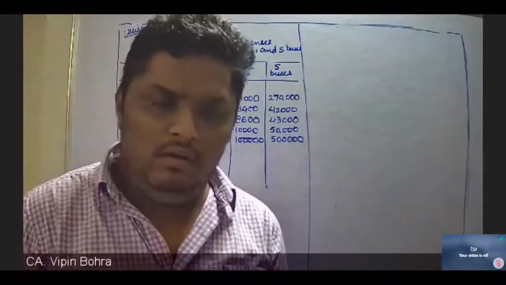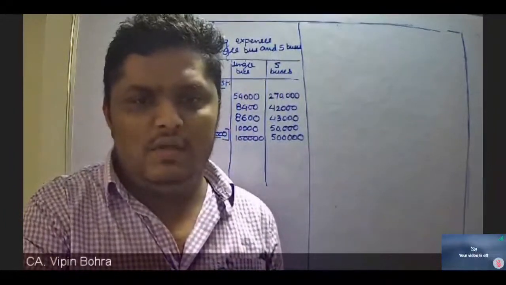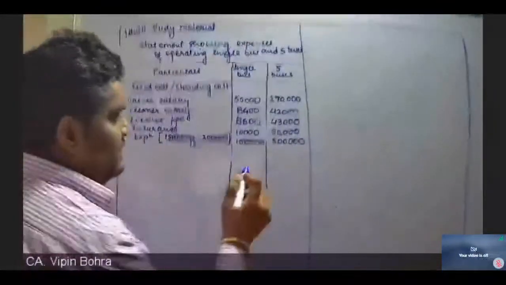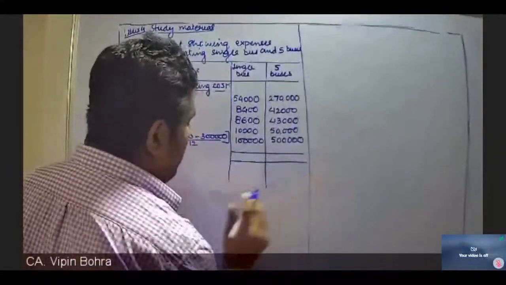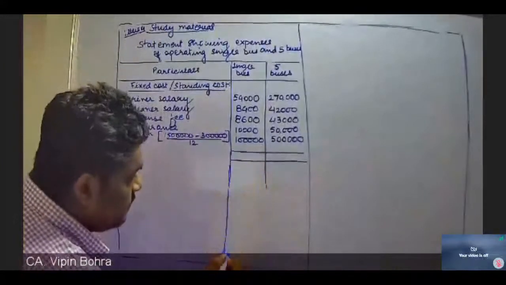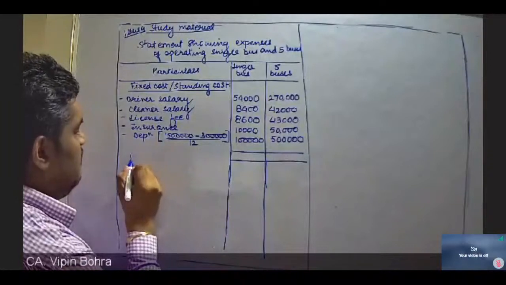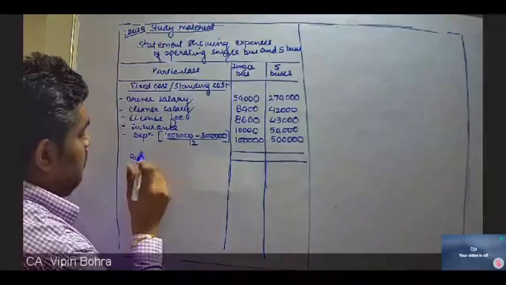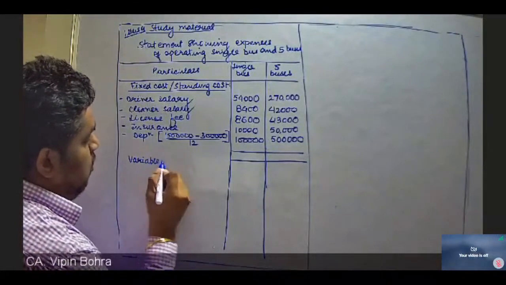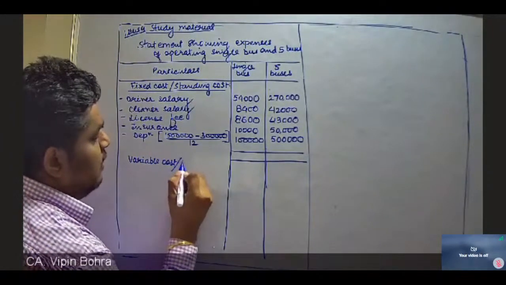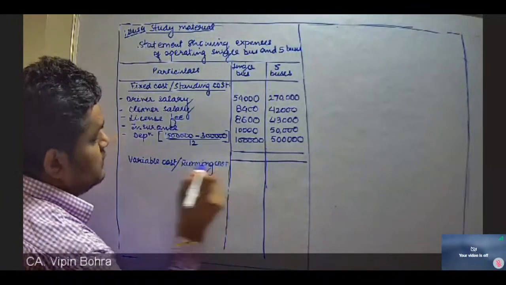Now, I think all the fixed costs are over. So now next is variable cost, or running cost.